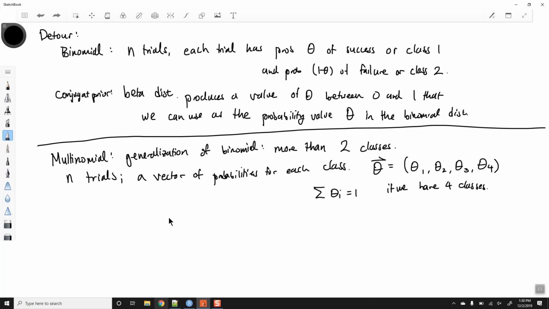And then the conjugate prior for the multinomial. This vector theta is basically a categorical distribution showing how much each class should appear.